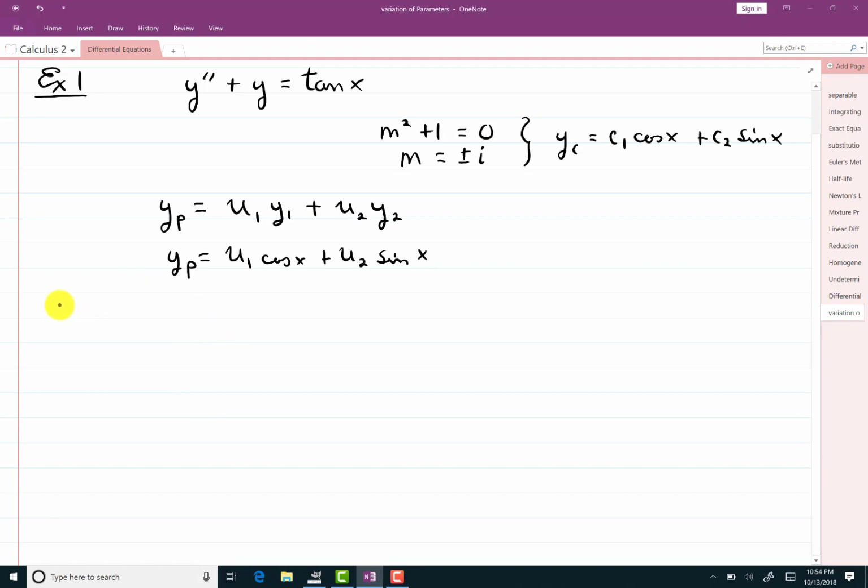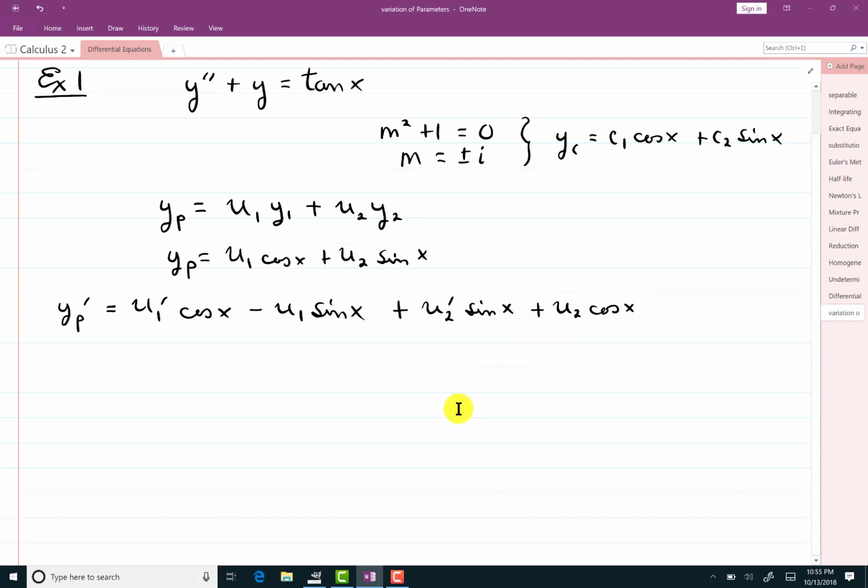I have y sub p prime, that will equal u1 prime cosine of x minus u1 sine of x plus u2 prime sine of x plus u2 cosine of x.